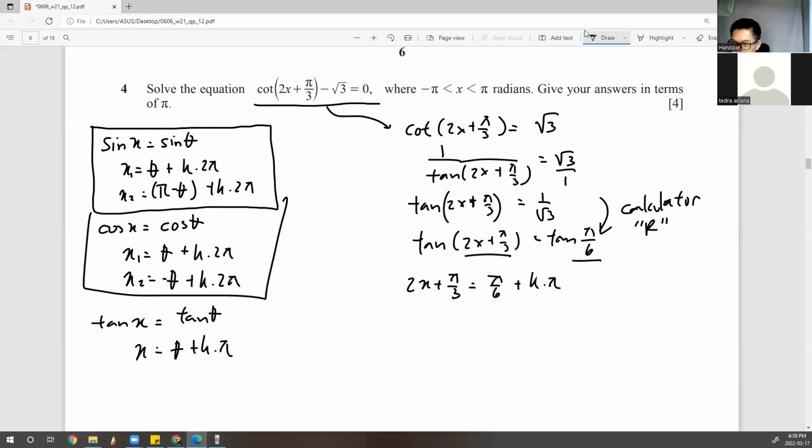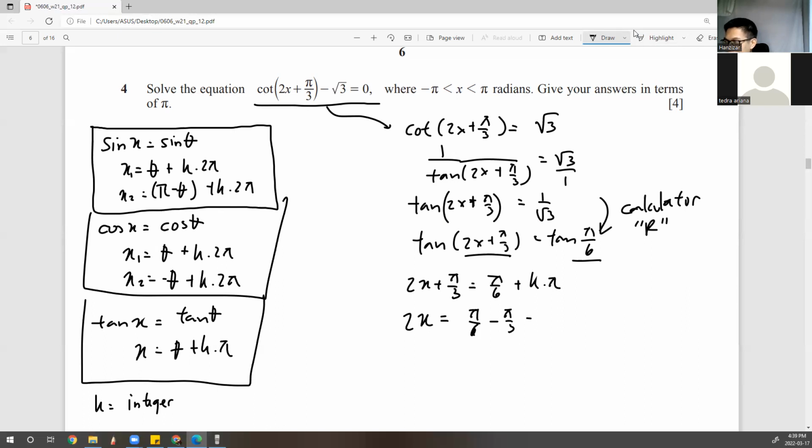Now, what is k? K is an integer, so it can be 0, 1, negative 1, negative 2, negative 3, but it cannot be a decimal. Let's make it simple first. We are finding x, right? 2x equals pi over 6 minus pi over 3 plus k times pi.